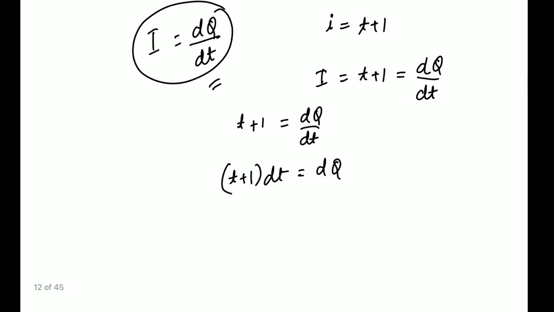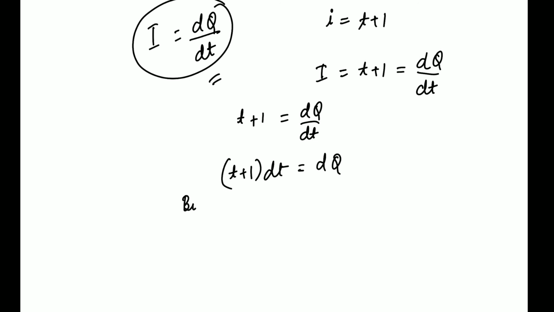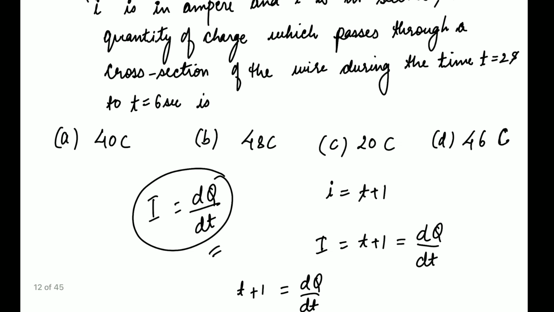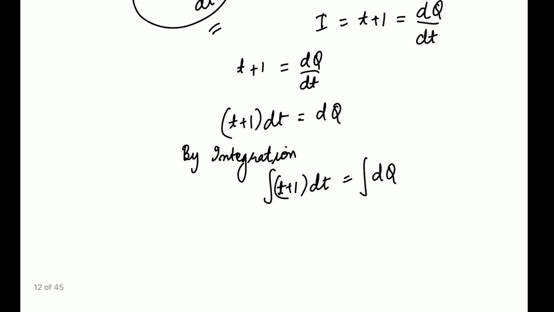Integrate both sides. The integration of (t plus 1) dt equals the integration of dq. The limits are given: t equals 2 seconds to 6 seconds. So the integral from 2 to 6 of (t plus 1) dt equals the charge.